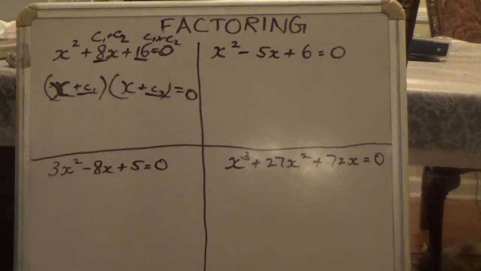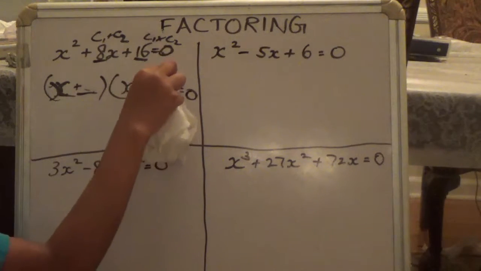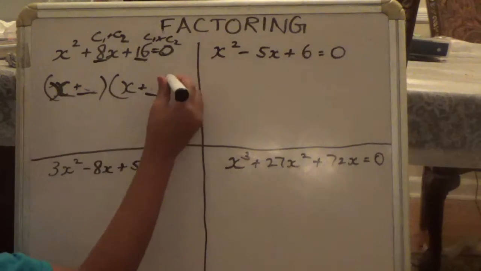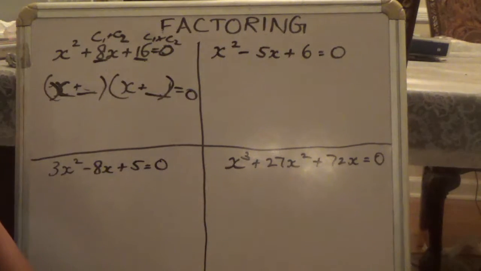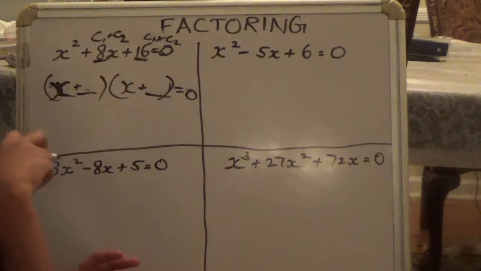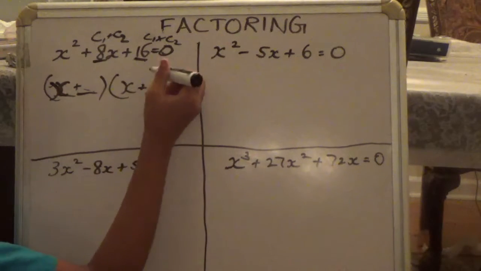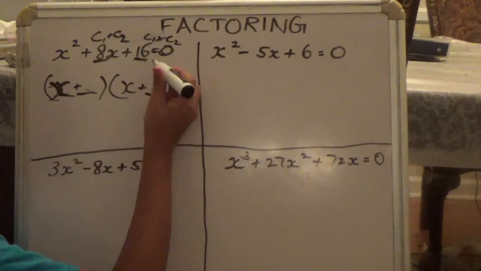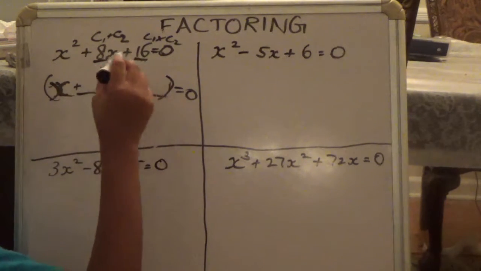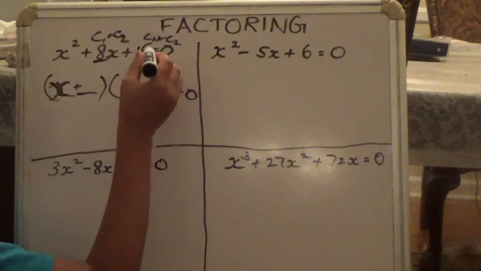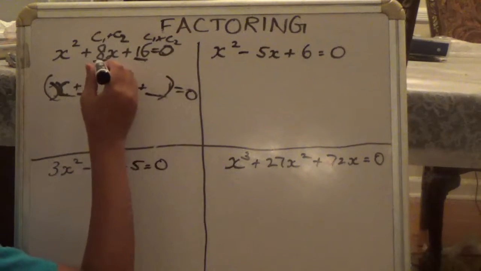Okay, so to find c1 and c2, we're going to use what the problem has given us, and the problem so nicely has given us c1 plus c2 and c1 times c2. Now the easiest way to do this is not guess and check, but instead list all the factors, meaning all the possibilities of c1 times c2, so from there we can deduce all the possibilities that fit this c1 times c2 constraint before we move on to this constraint.